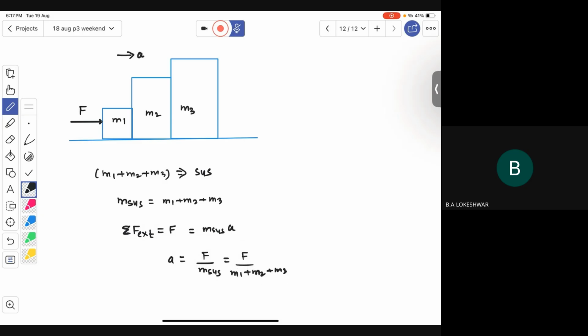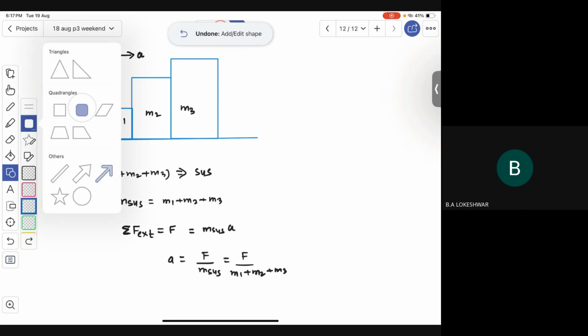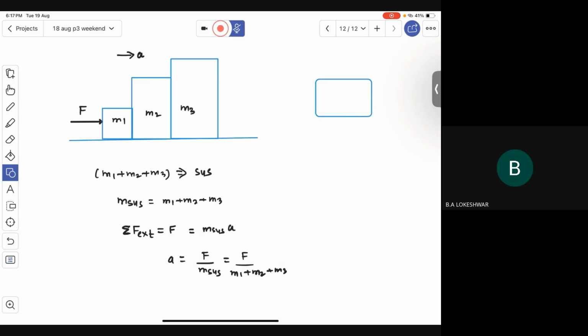What you should be thinking in your head is as if you're solving a question where there is just one block whose mass is M1 plus M2 plus M3, and the only force acting on it is the external force.